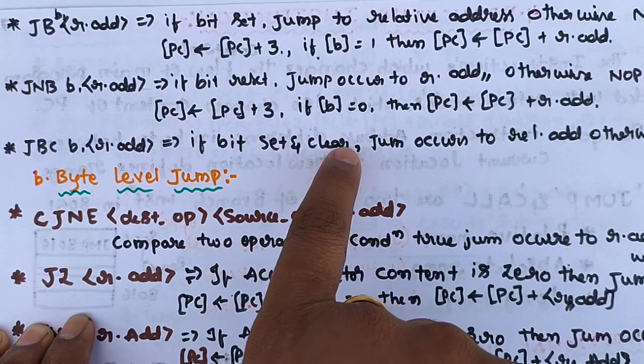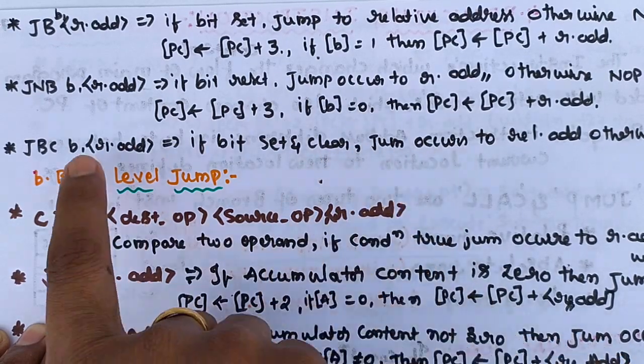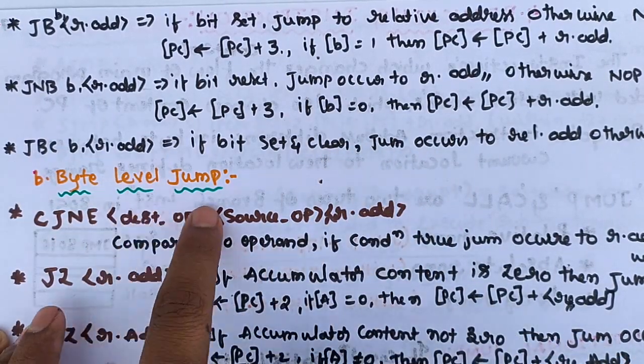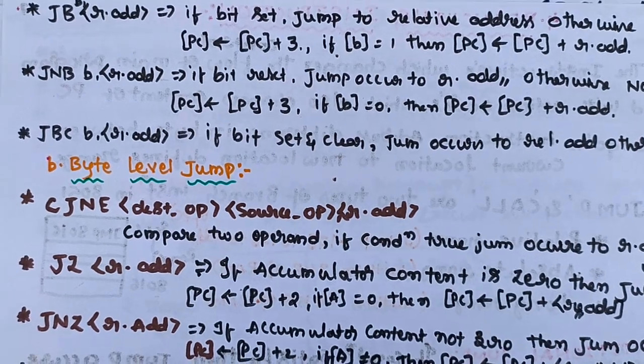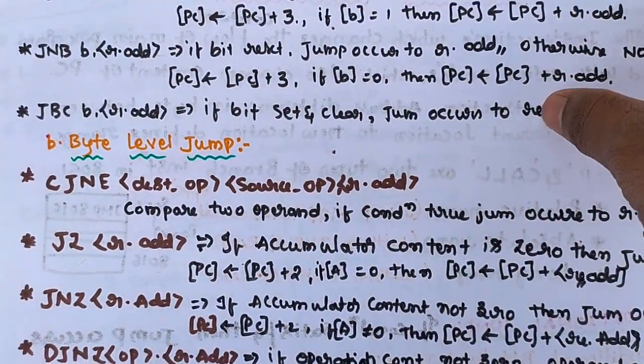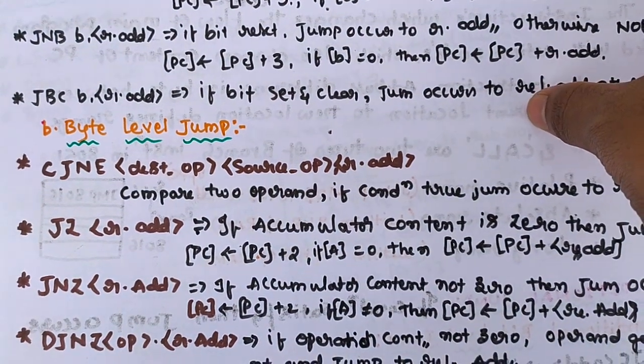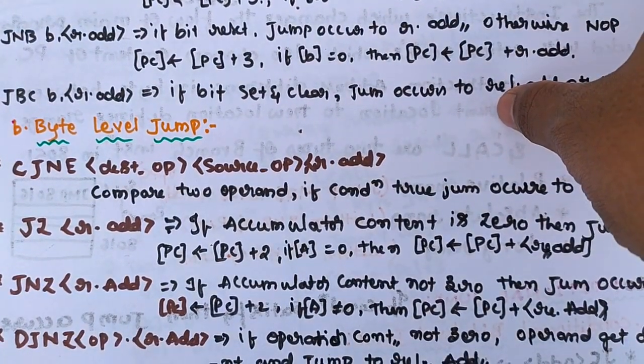So once it is cleared, only then will the jump occur. That type of instruction is called JBC. And the byte level jump instructions are CJNE, JZ, JNZ, and DJNZ. These are the major byte level jump instructions we are repeatedly using in 8051.